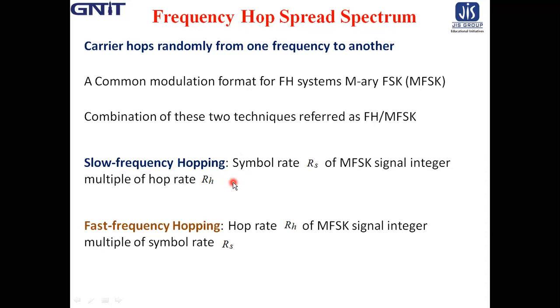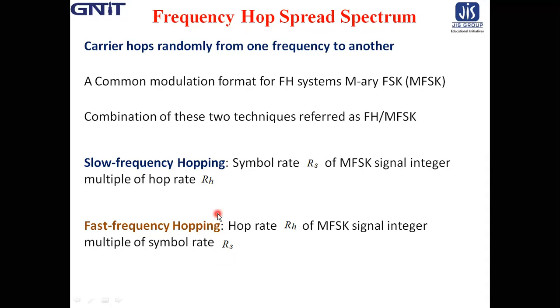That means several symbols are transmitted on each frequency hop. And in fast frequency hopping, the hop rate RH is an integer multiple of the symbol rate Rs. That means the carrier frequency will change or hop several times during the transmission of one symbol.